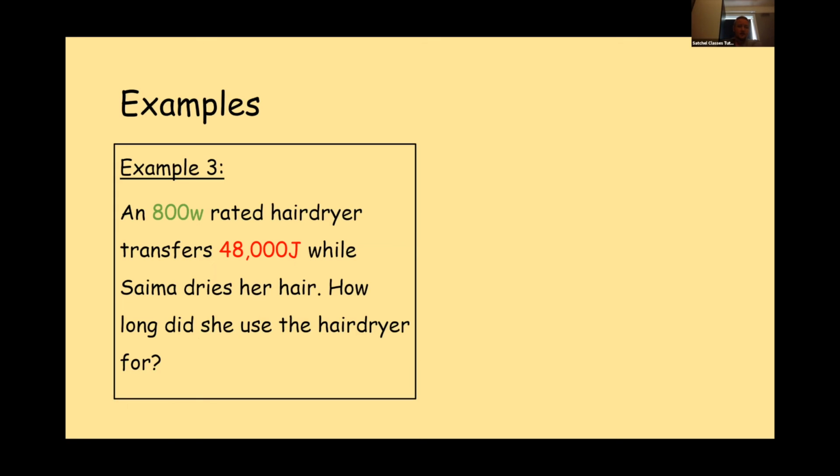Last example, example 3. An 800 watt rated hairdryer transfers 48,000 joules while Sima dries her hair. How long did she use the hairdryer for? Again, we've got an energy transfer of 48,000 joules, which is the same as the work done, and we've got a power rating of 800 watts. We're being asked to find the time that she used the hairdryer for.